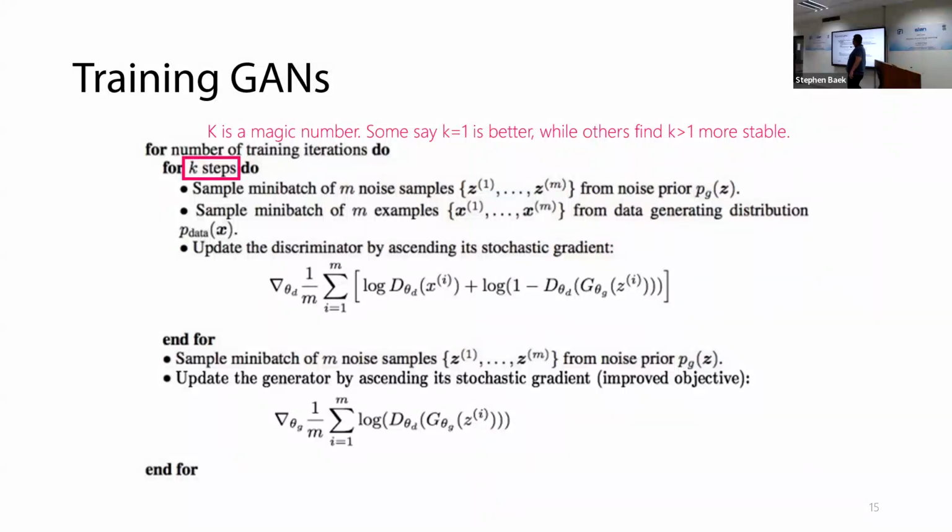You may have noticed that in the first part of the training, the discriminator training part, there's a for loop over here. So actually the discriminator gets updated multiple times, K steps. This is sort of a magic number. So depending on the authors, some argue that you just need K equals 1.